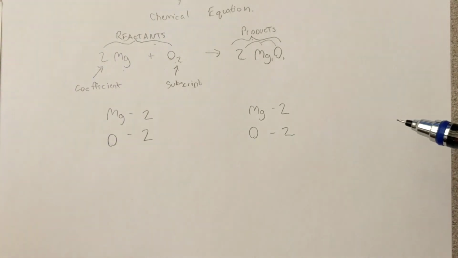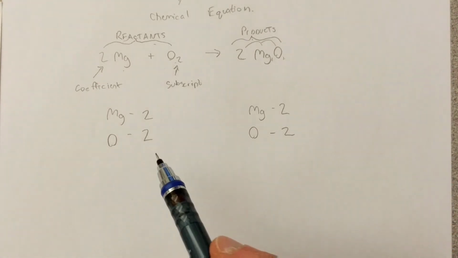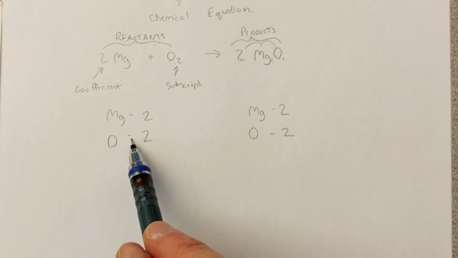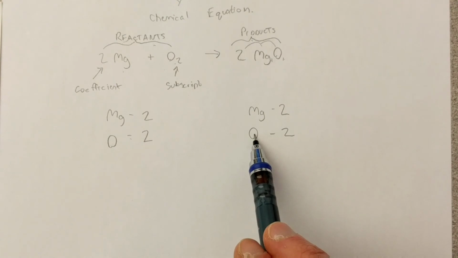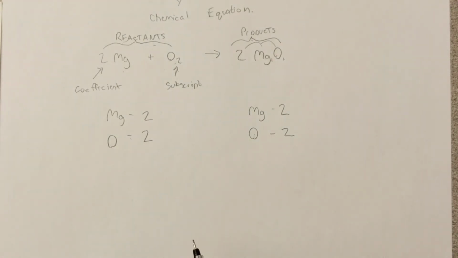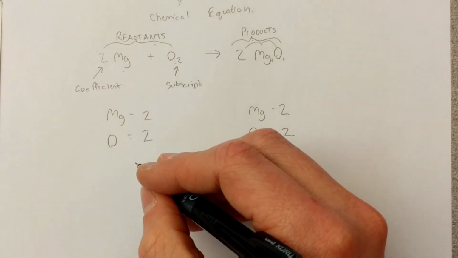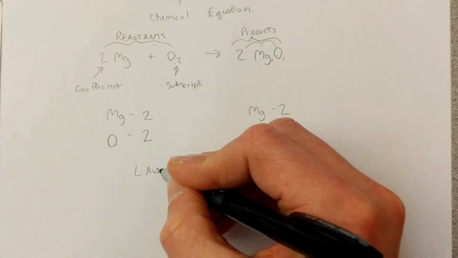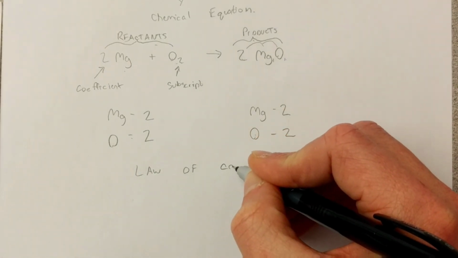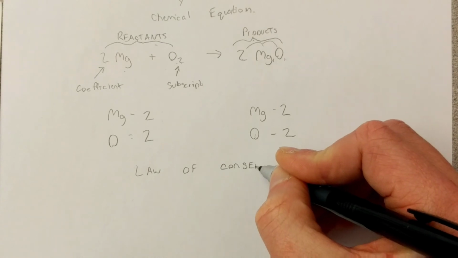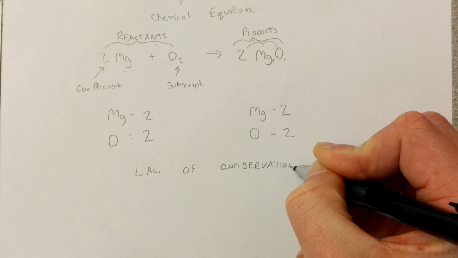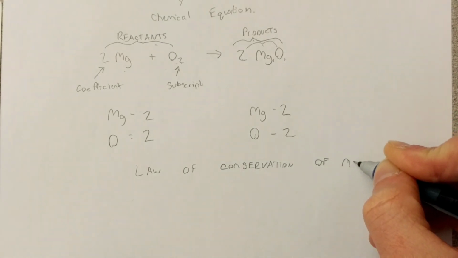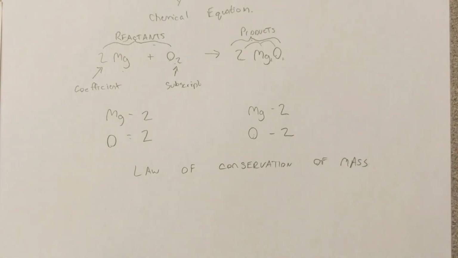So what we've just shown here is the idea that matter is not created or destroyed, or whatever mass we start with on the reactant side is equal to the mass that we end with on the product side. This is following the law of conservation of mass, which states that matter cannot be created or destroyed.